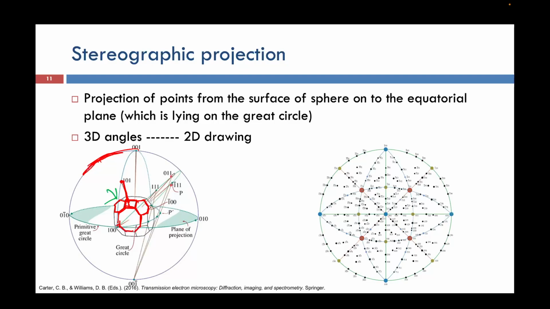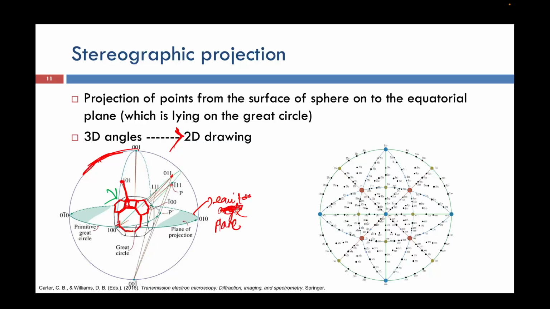These points are 3-dimensional, because you are imagining a 3-dimensional crystal. When you want to put this 3-dimensional crystal into a 2-dimensional drawing, what you do is use the equatorial plane.